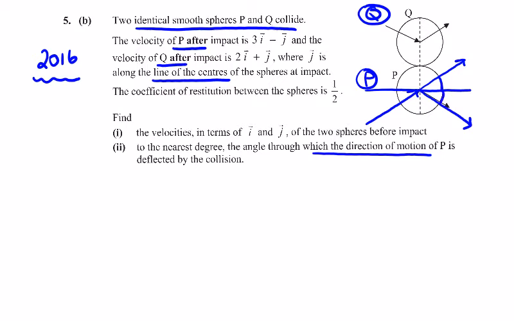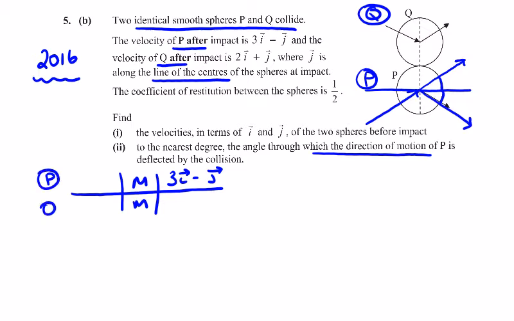So let's set up our equations. They're identical, so we'll call their masses m, and we're told the velocity of P after impact is 3I minus J. This is P, this is Q, and the velocity of Q after impact is 2I plus J. In this case there's not going to be any change in the I, so we're going to have 3I plus P in the J direction and 2I plus Q in the J direction.